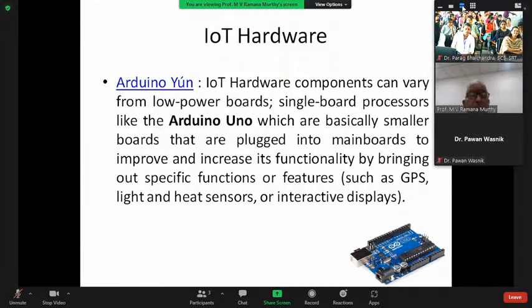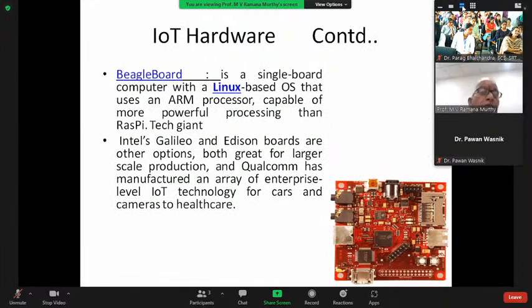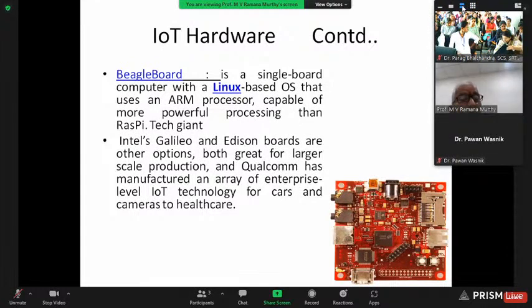Next, the BeagleBoard is again a single board computer which supports the Linux operating system as OS. And today you have seen that without an OS also we can run it, for example Debian. I will tell that protocol after some time. Basically it is a Linux-based operating system.